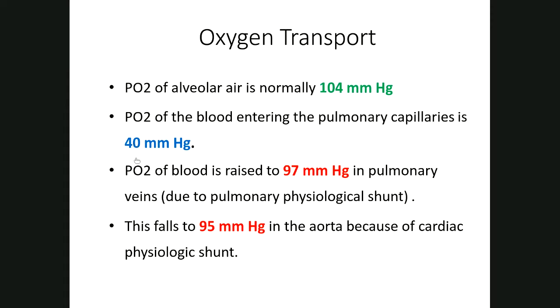So first the level will reach 104, but then it will drop to 97 due to the pulmonary physiological shunt, those which are not included in the gas exchange. And then the level will drop further to 95 due to the physiological shunt in the heart, due to the presence of the veins within the walls of the heart.